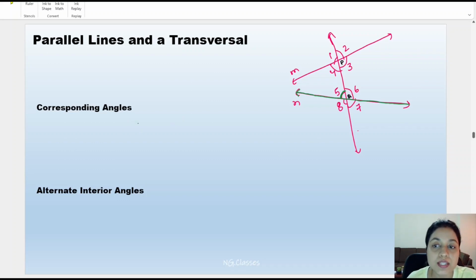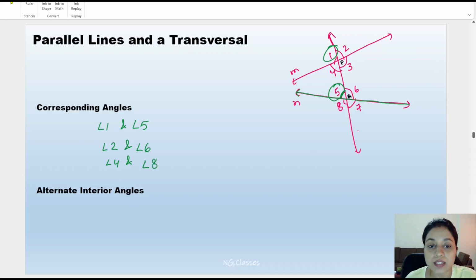So here we can say angle 1 is a corresponding angle with angle 5. So let's write it. Angle 1 and angle 5 both are a pair of corresponding angles. Similarly, angle 2 and angle 6 are a pair of corresponding angles. Similarly, we can also say the downside angles, that means angle 4 is a corresponding angle with angle 8 and angles 3 and 7 are a pair of corresponding angles.